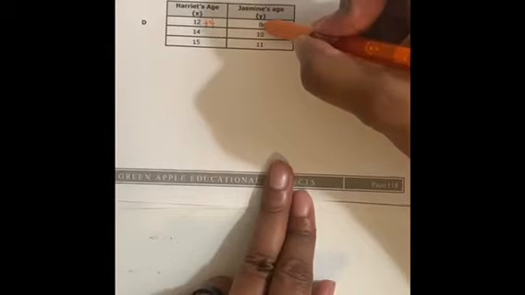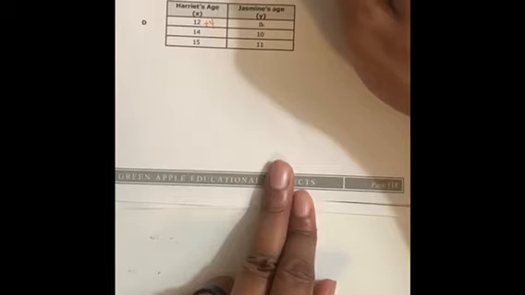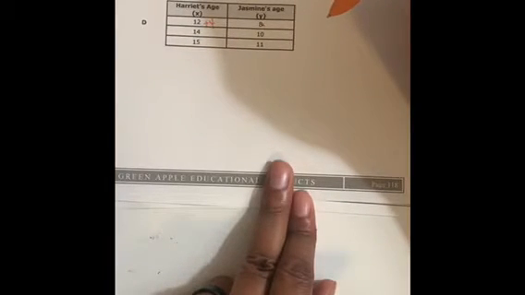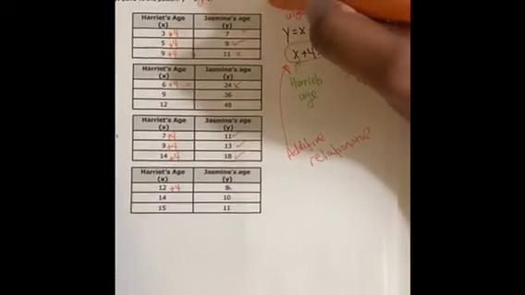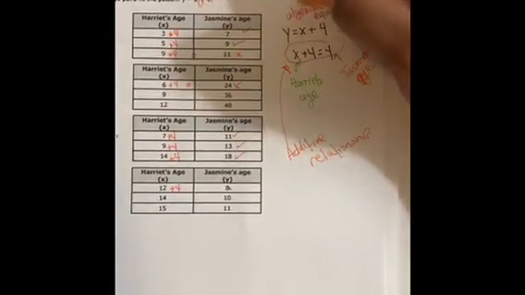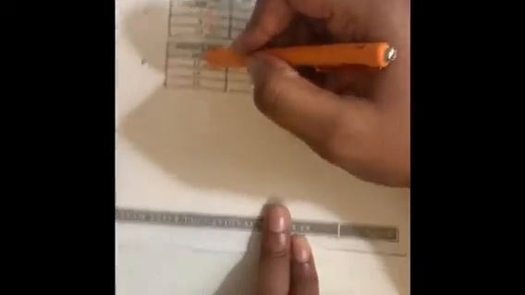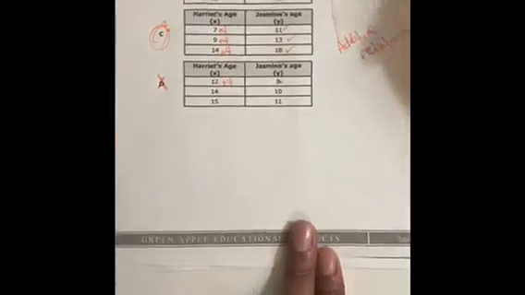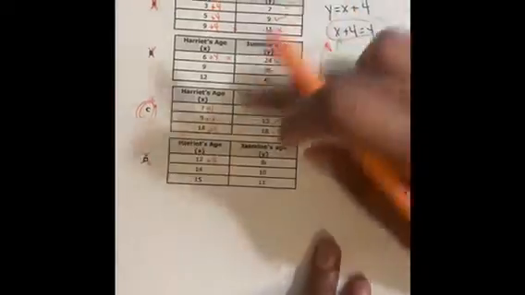We're talking about Jasmine's age plus 4 giving us Harriet's age, and as you see, when Jasmine is older, Harriet is younger. So Harriet is older in this case. That's not the case. Our answer is C. So that's just how you use your patterns, using your additive relationship to solve this problem.